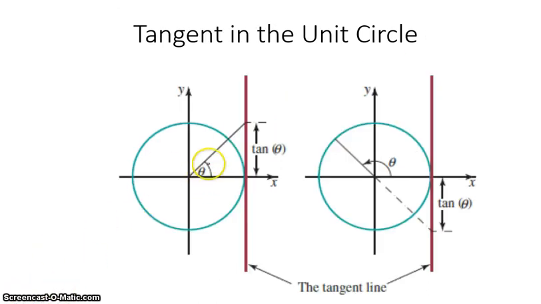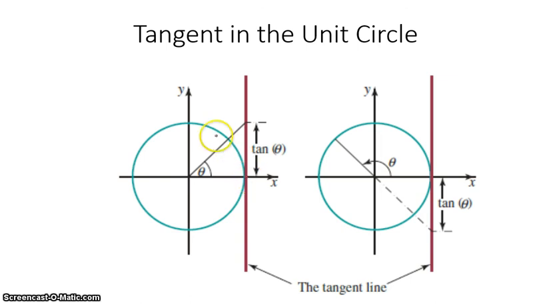Tan of the angle at the centre of the circle can also be viewed in another way. What we do is we draw a tangent to the unit circle here so that it touches the unit circle at 0 degrees at this point. By definition, a tangent is any straight line which touches a curve at one point and one point only.